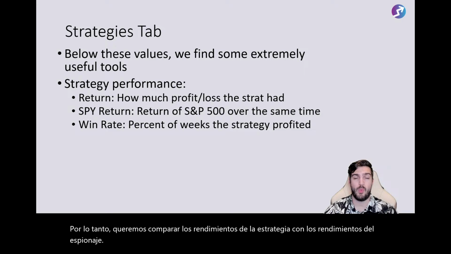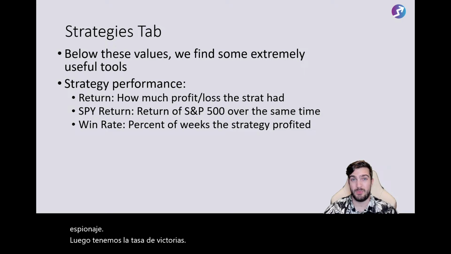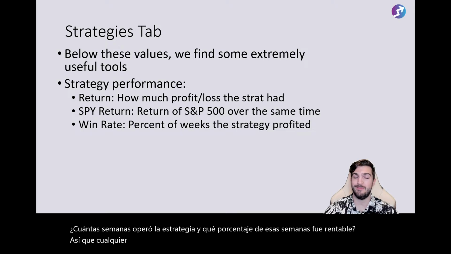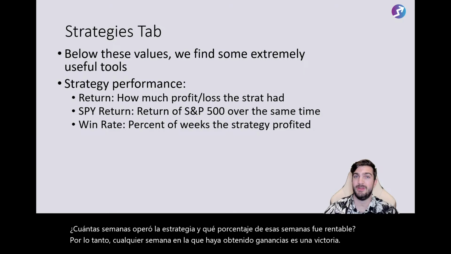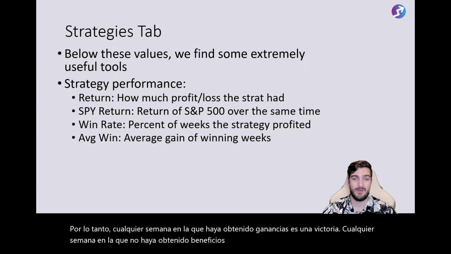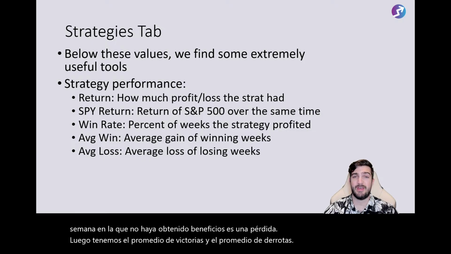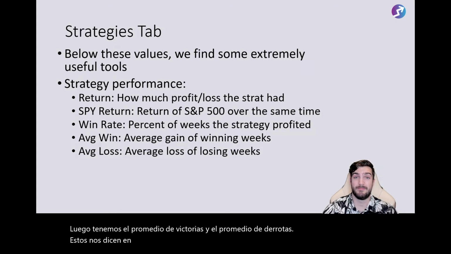Then we have win rate. How many weeks did the strategy trade, and what percent of those weeks was it profitable? So any week that it made profit is a win, any weeks that it didn't make profit is a loss. Then we have average win and average loss. These tell us on weeks that it won, how much did it win? On weeks that it lost, how much did it lose?